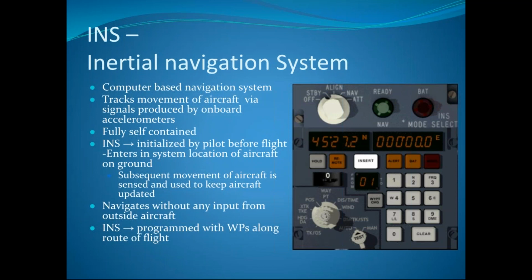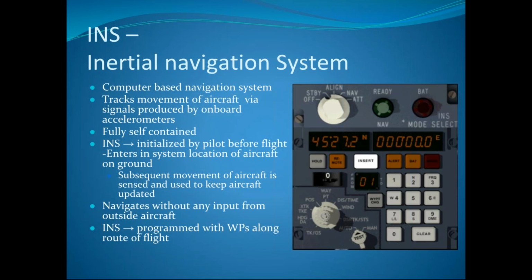It's fully self-contained. It's initialized by the pilot before each flight, who enters in the system the location of the aircraft on the ground. Subsequent movement of the aircraft is sensed and used to keep the aircraft position updated. It navigates without any input from outside the aircraft, and can be programmed with waypoints along the route of flight.